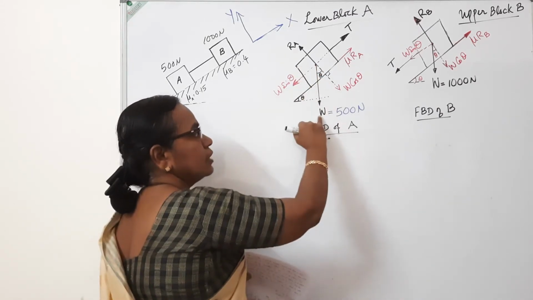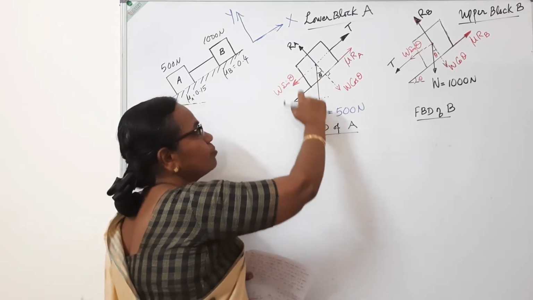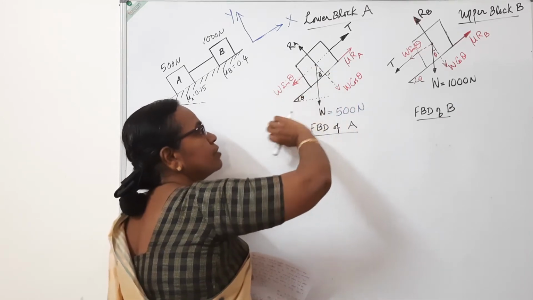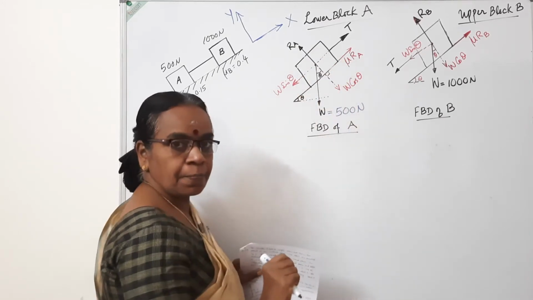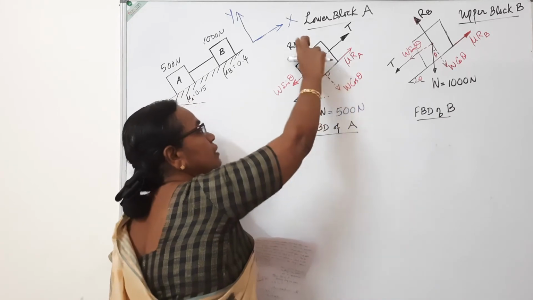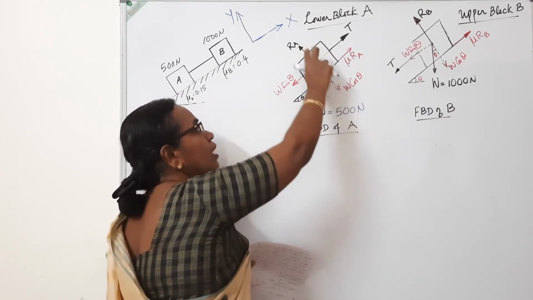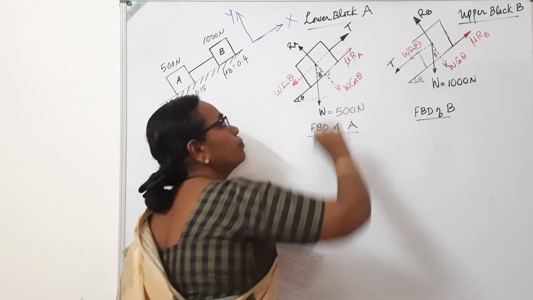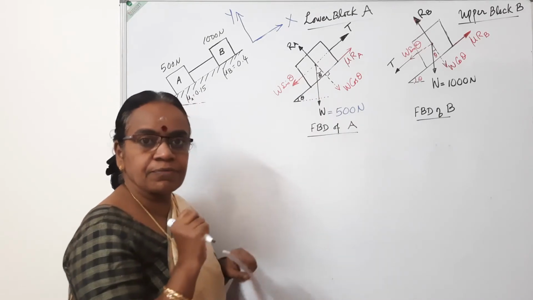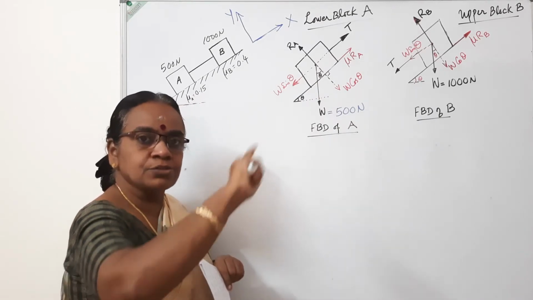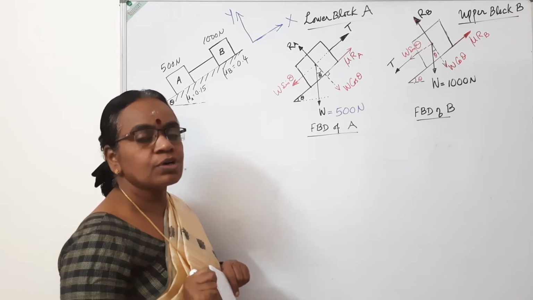First of all, we have marked the self-weight and the two components along the plane and normal to the plane. Then the normal reaction between the inclined surface and the body, RA, and tension in the string acting away from the body, parallel to the inclined plane. What else remains?